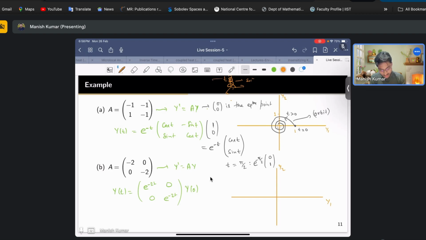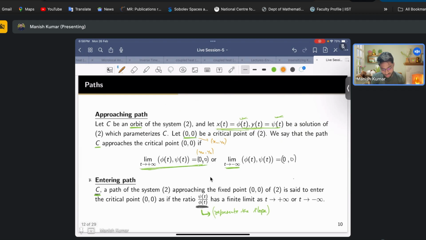Okay, so this is the orbit, this is the solution curve. We have talked about the solution curve and orbit before, so now let us concentrate on what I was trying to explain, which is the approaching path and entering path.